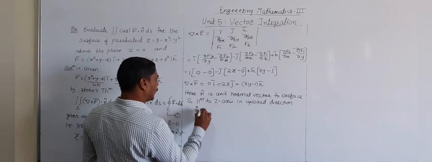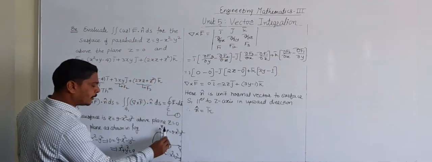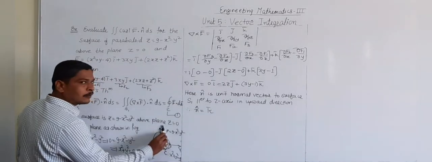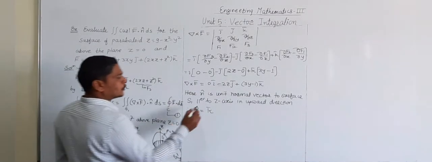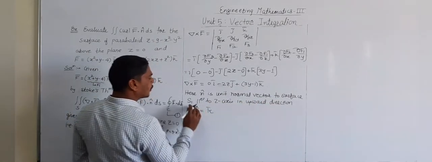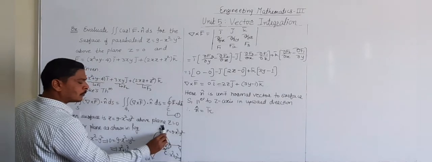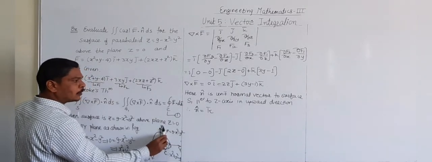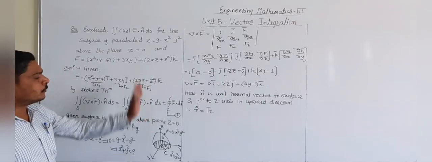Therefore, n cap is equal to k bar, right? So this is our surface and n cap is a perpendicular vector. Okay, so n cap is a unit normal vector to the surface S1 parallel to z axis. Perpendicular to the surface and parallel to the z axis. That's why this n cap is k bar, which is in upward direction.